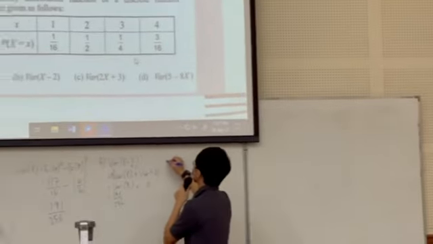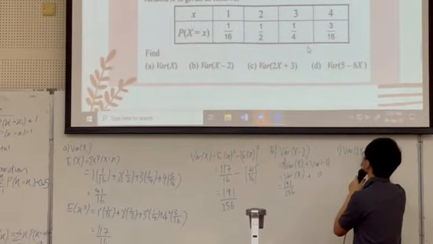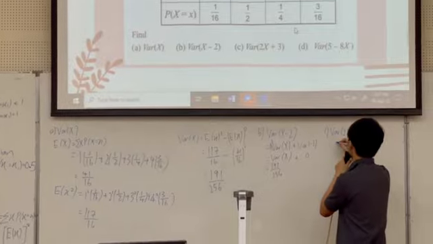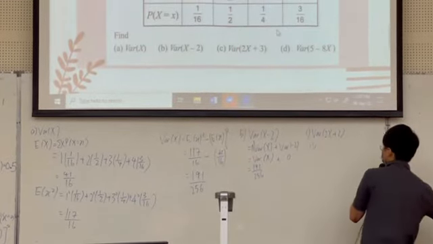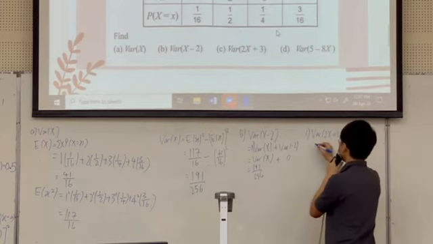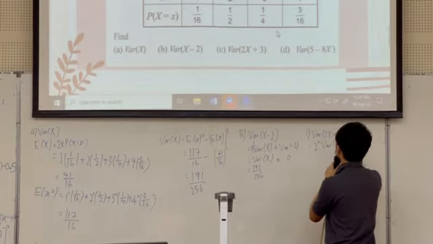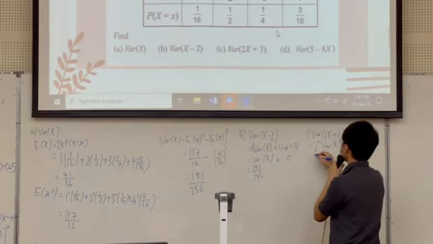And move on to C, variance of 2X plus 3. It's the same. We take out the 2 and square it and multiply by the variance, plus 0, because it is 3 here, so we get 4 multiplied by the variance.